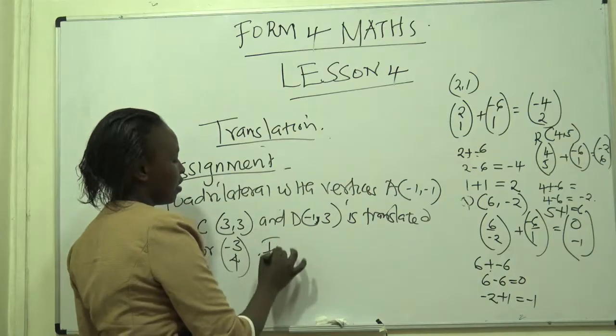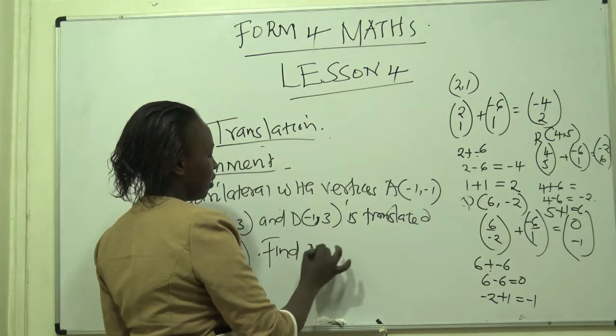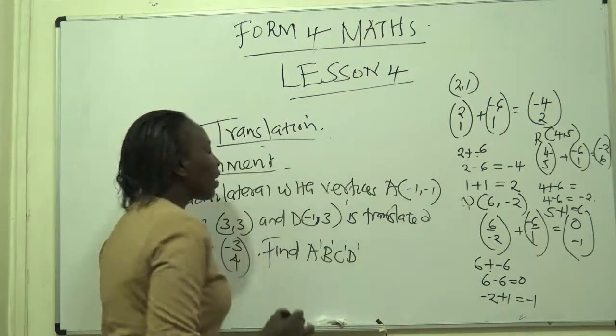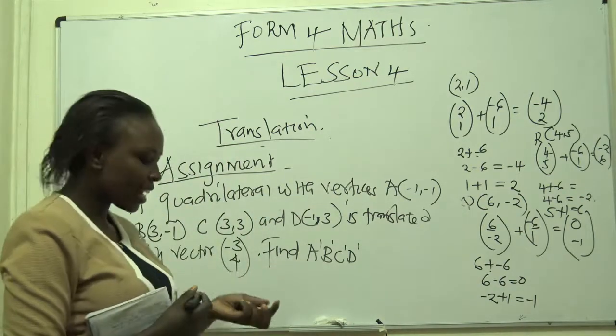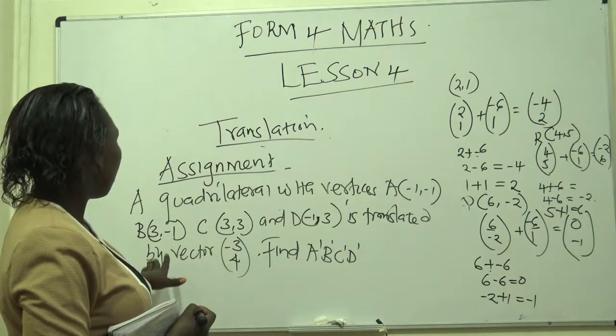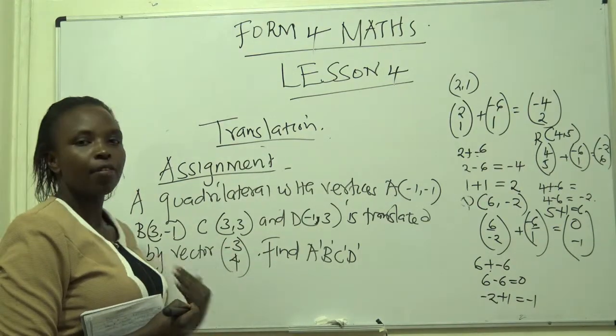Then find the image of that quadrilateral at the translation by vector -3, 4, as you can see.